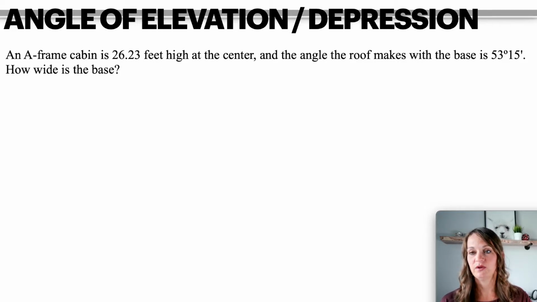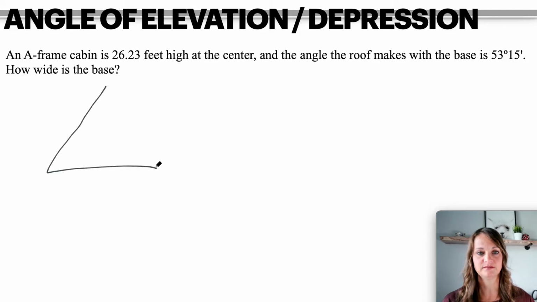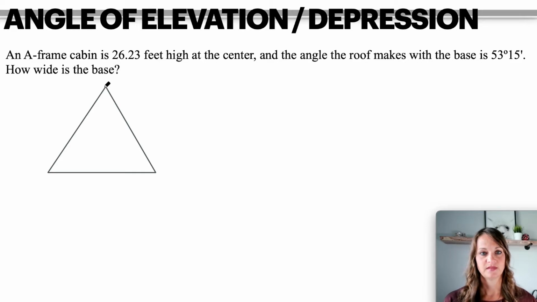So if we were to draw this, we would have an A-frame cabin that is 26. A-frame means it's isosceles, means the roofs are going to be the same length. The height in the middle is 26.23 feet.